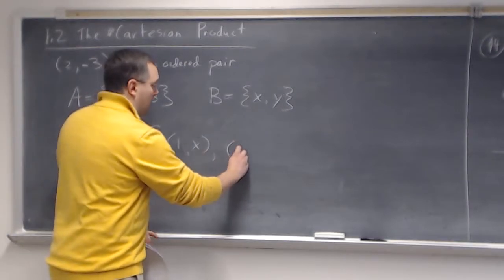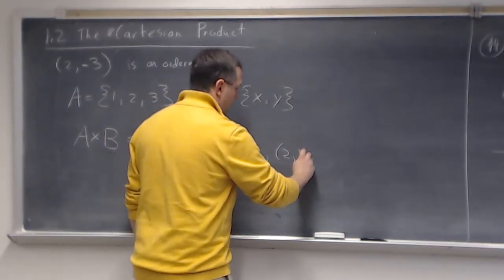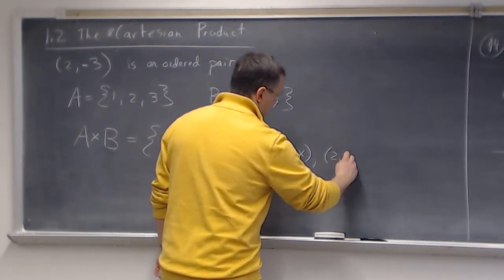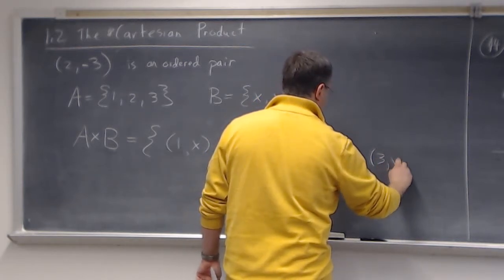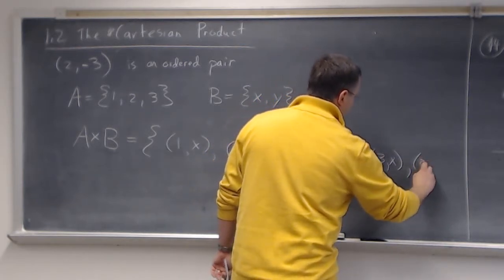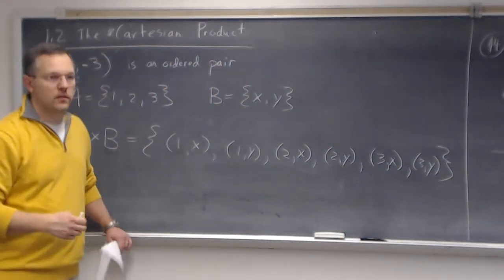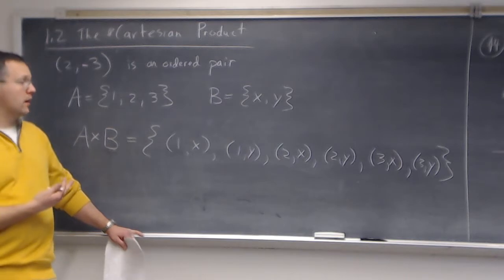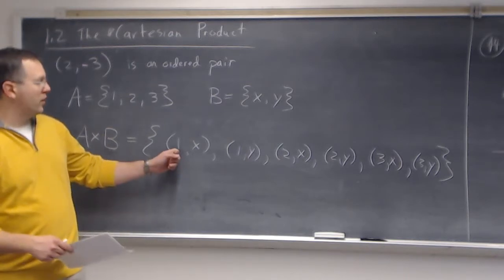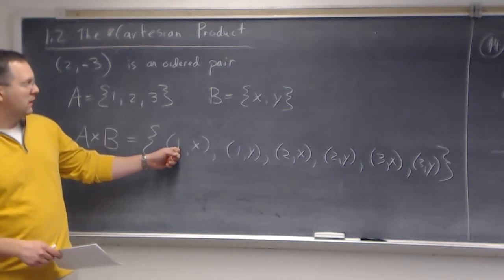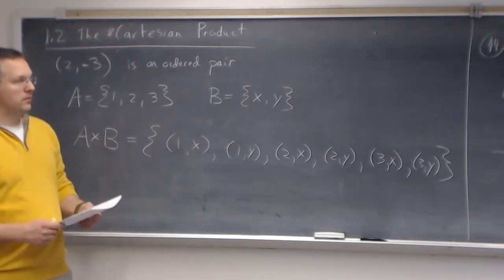The other elements are (1, y), (2, x), (2, y), (3, x), and (3, y). So this is the Cartesian product of sets A and B. It's a set of all ordered pairs where the first coordinate is an element of A, and the second coordinate is an element of B.